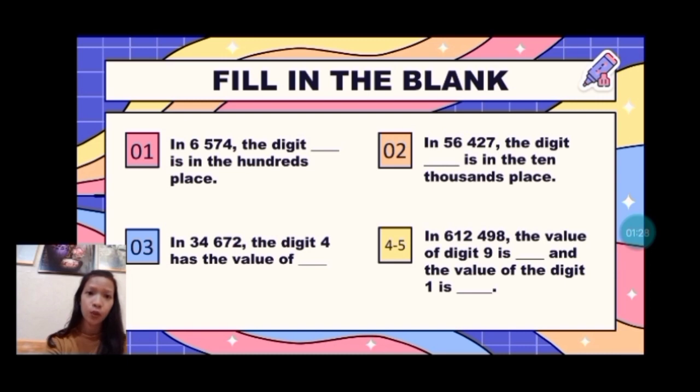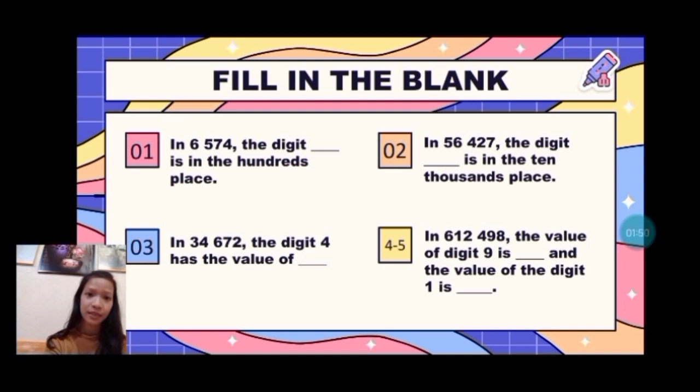In number 1, what digit is in the hundreds place? Correct. It's the number 5. How about in number 2? What digit is in the 10,000 place? Correct. It's the number 5.